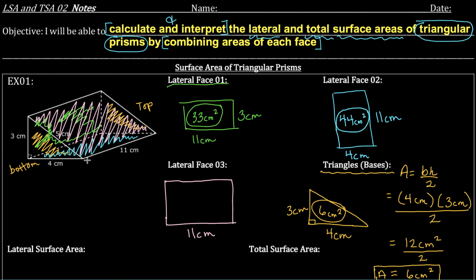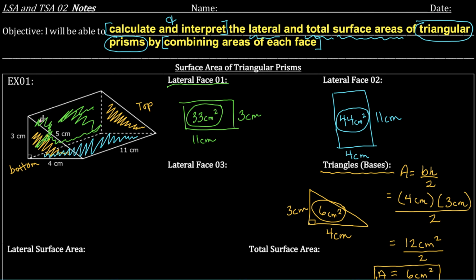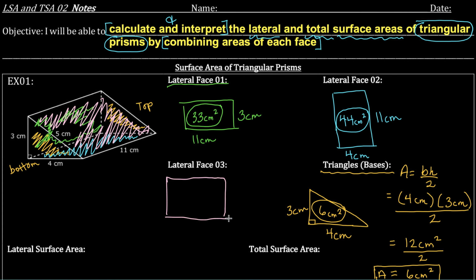There it is. Okay, so now I can see it better. So that is 11 centimeters by 5 centimeters, which gives me an area of 55 square centimeters.